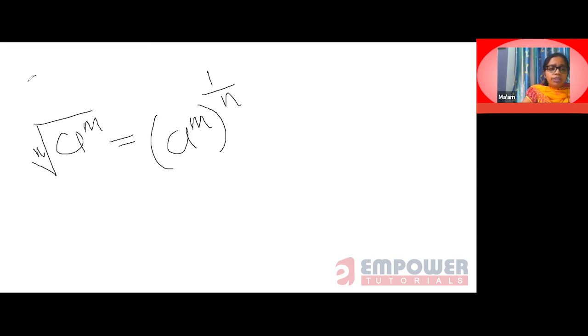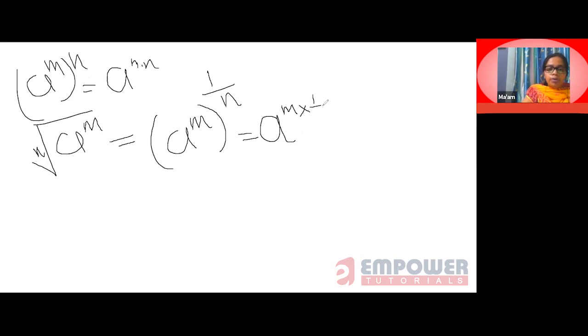But I know this rule, a raised to m raised to n is equal to a raised to m into n, right? So I can write it like this, a raised to m into 1 upon n, which is equal to a raised to m upon n, right?